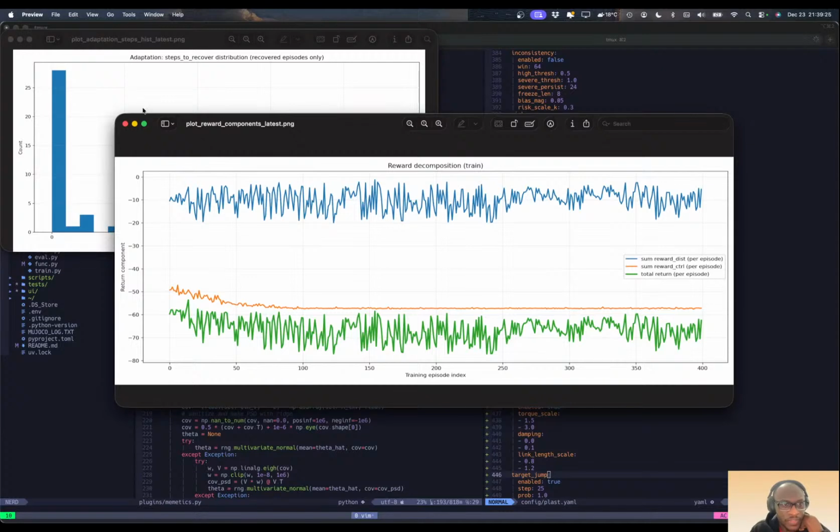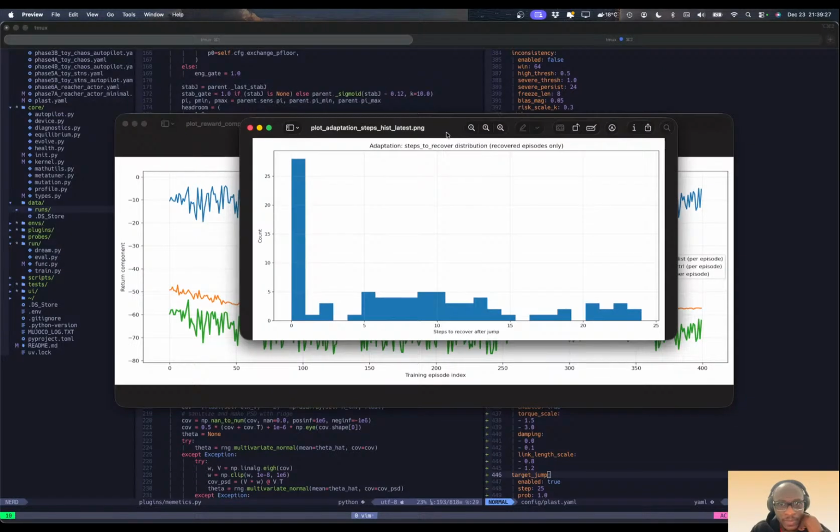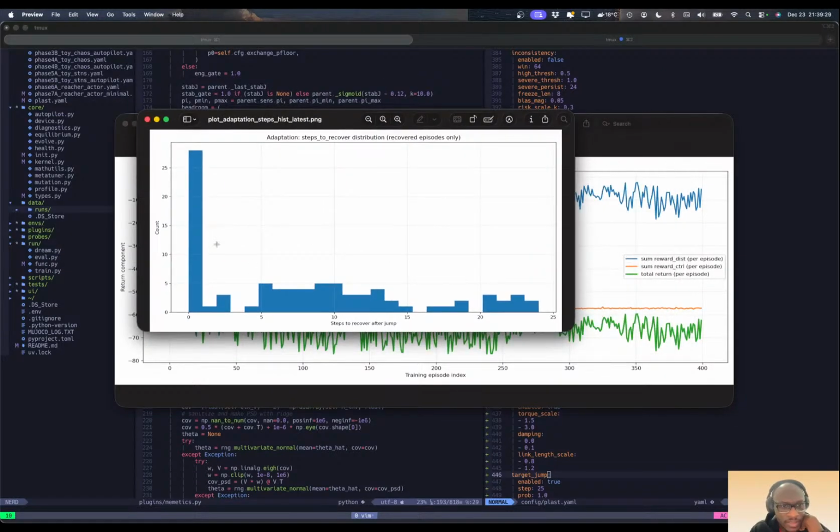We can revisit this when we read through the prompt or the LLM's analysis. Then distribution steps, recovery distribution. So we can see how much it recovers.